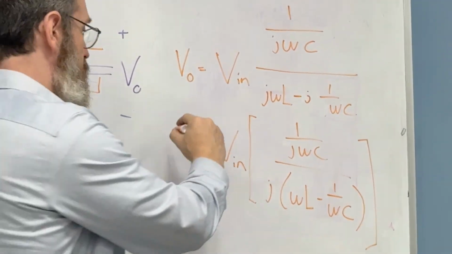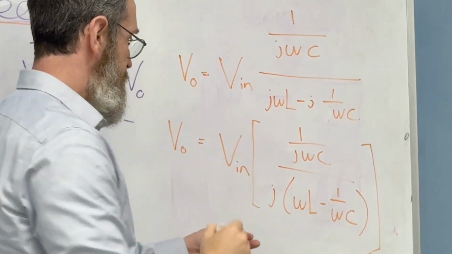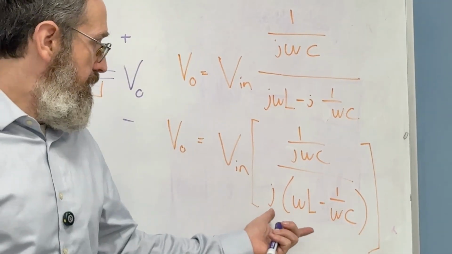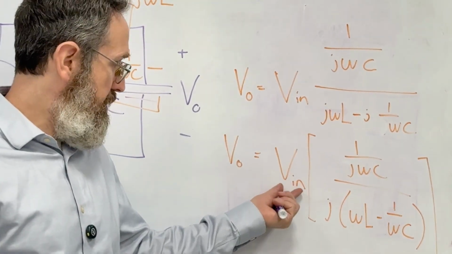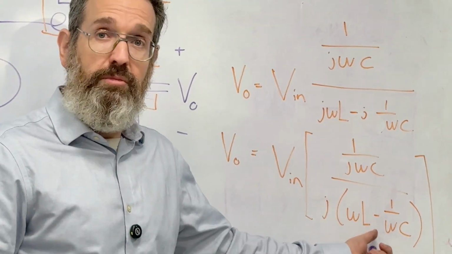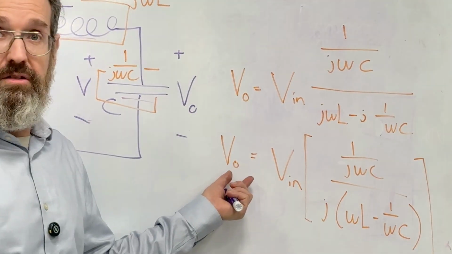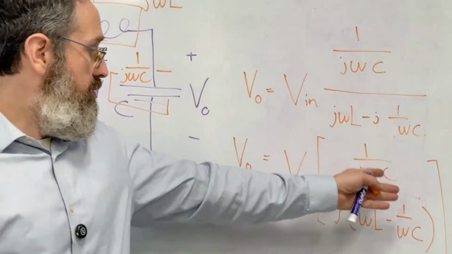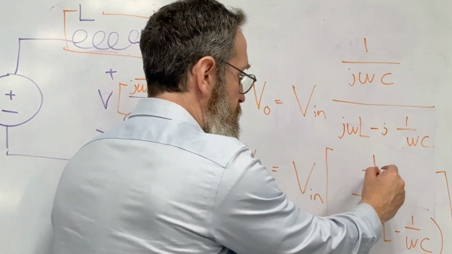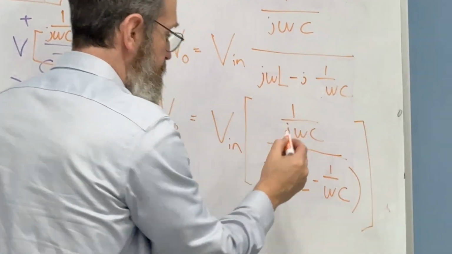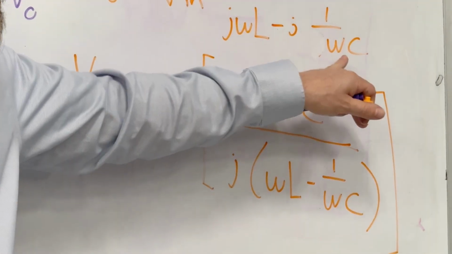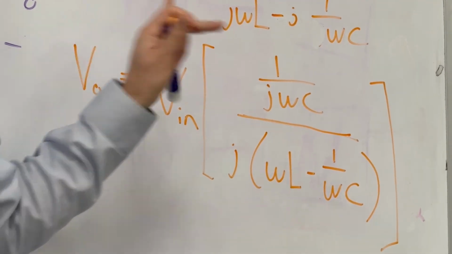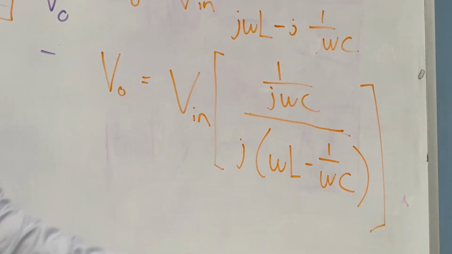So this is the relationship between the pillow, sorry, this is the pillow, and this is Emily, and this is Emily's response to the pillow, right? So this 1 over jωC, over in here, this is j times ωL minus 1 over ωC. It's all algebra so far.